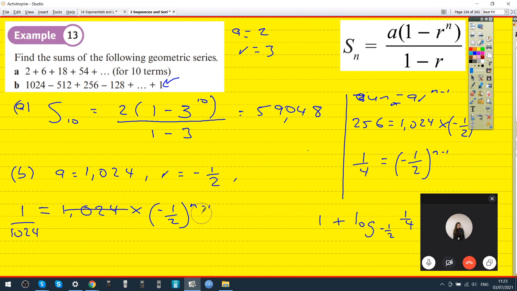And then we can make it 1 plus log base a half. You don't want it negative. The base is a half. And then multiply that by 1024, which gives you n minus 1. N, just n. And that's 1 over 1024. So log base a half of 1 over 1024 and then plus 1. Alright, try that.